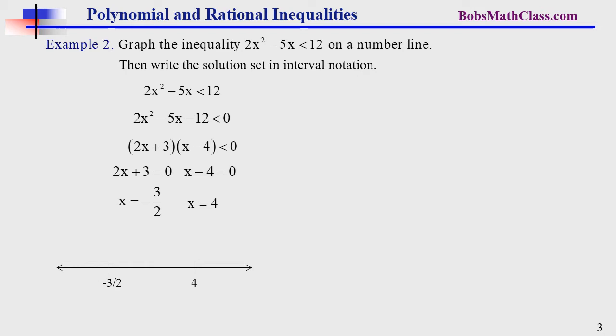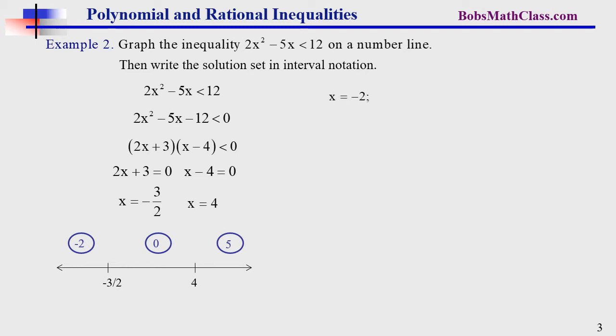So anything to the left of -1 1/2, -2, -3, and then a number between -3/2 and 4, and then a number greater than 4. So I chose -2, 0, and 5. Okay, now we're going to plug each of those in. I'm going to use the factored form when I plug each number in.